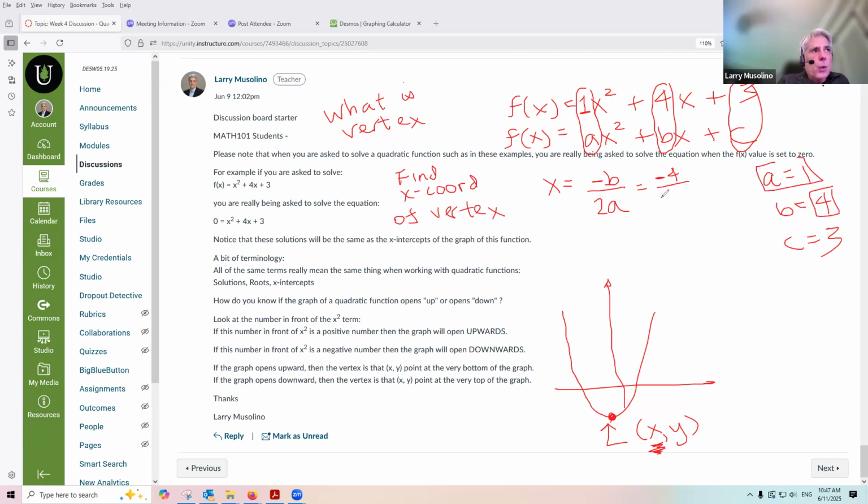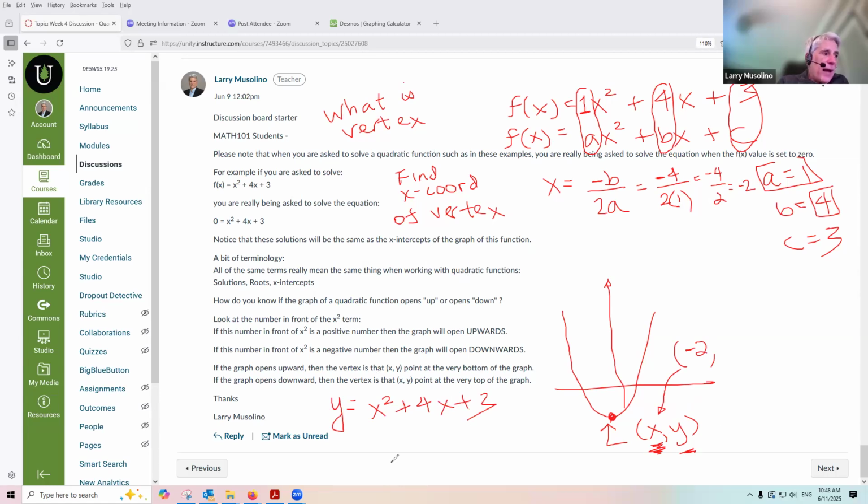Our a number was a 1. On the bottom of this fraction, 2 times 1 is 2, so this is negative 4 over 2. That's negative 2. So we now know this x-coordinate is negative 2. But we still want to find the y-coordinate. Well, really, our function is y equals x squared plus 4x plus 3.